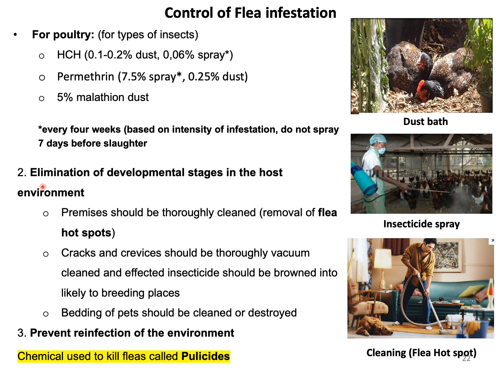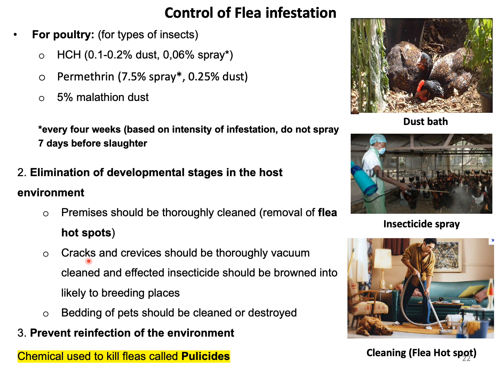And the second step for the control of flea infestation is the elimination of developmental stages in the host environment. So the premises should be thoroughly cleaned, that is, removal of the hot spots. Hot spots are those places where the eggs, larvae, and pupae are more numerous. The premises should be thoroughly cleaned, and if there are any cracks or crevices, they should be vacuum cleaned to get rid of all the fleas, larvae, eggs, and pupae.